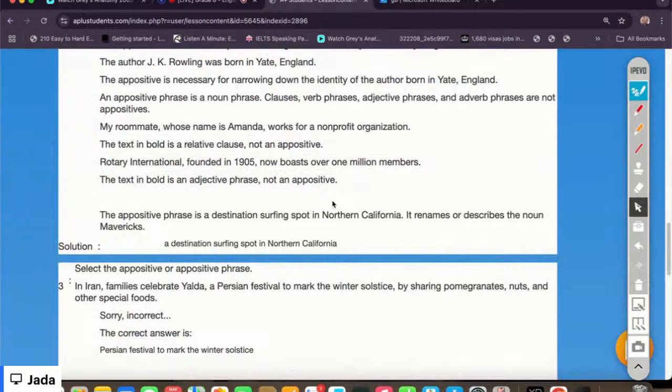So the appositive phrase is a destination surfing spot in Northern California. It renames or describes the noun Mavericks. So a destination surfing spot in Northern California is the answer here.